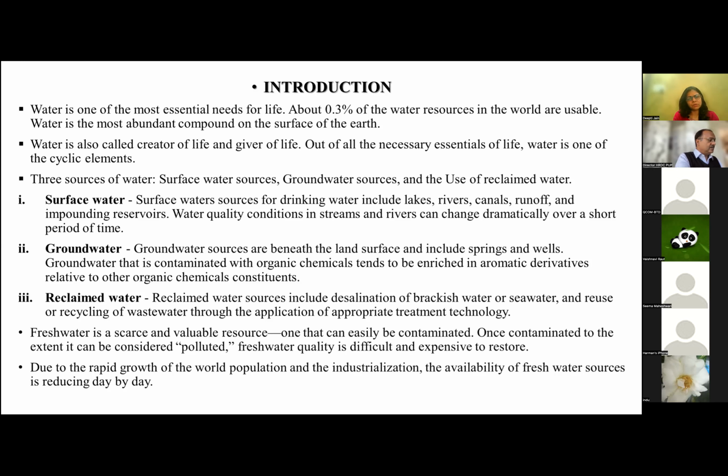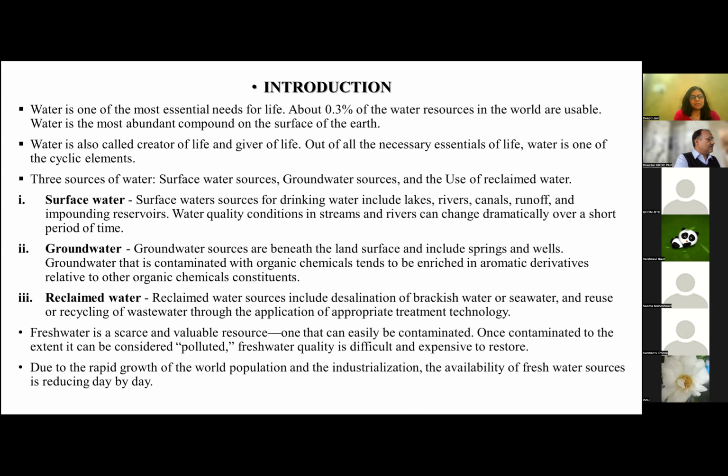All those things, along with water, are being soaked into the ground. And when we are digging out water from beneath the surface, these chemicals come in there. Because of this reason, we have to keep a check on groundwater also.